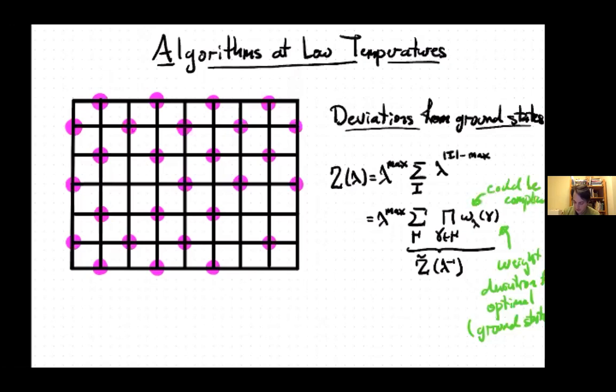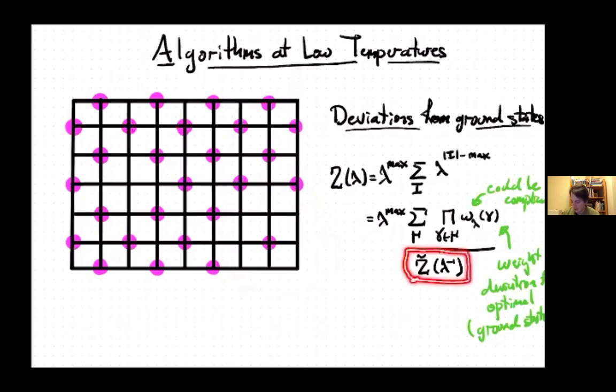So here, for example, if I wanted to look at the deviation from the ground state, I have this region where I'm making errors. But inside where I'm making errors, there are lots of possible errors. So in some sense, this weight is itself a partition function or a ratio of partition functions. Nonetheless, we should be optimistic.